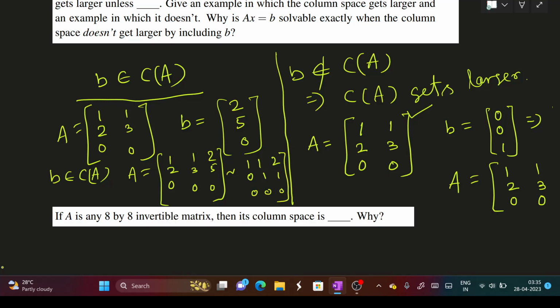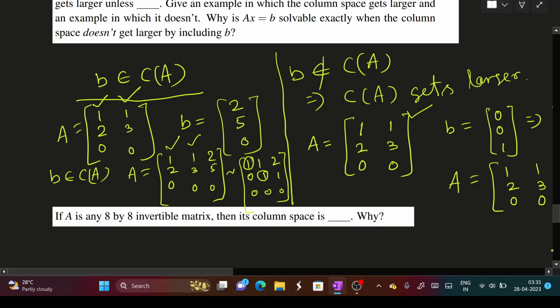So previously the first two columns used to span the column space of the given matrix, and here also the first two columns are spanning the whole C of A. So that means C of A, that is the column space of A, remains the same.